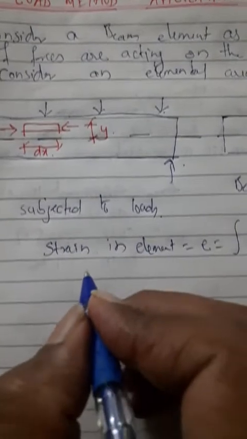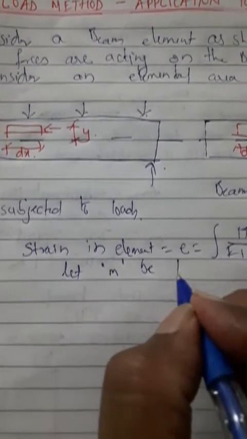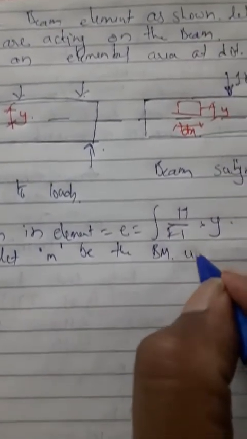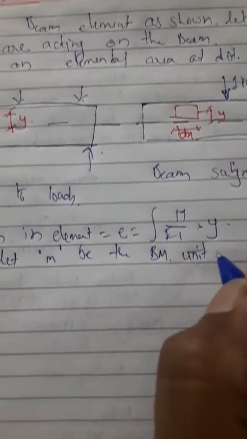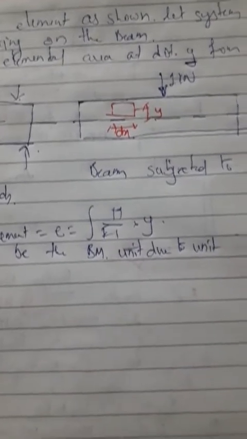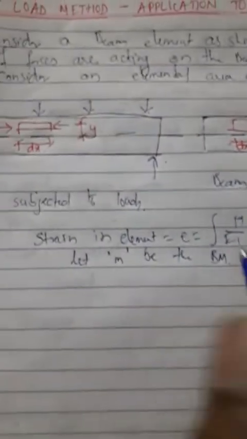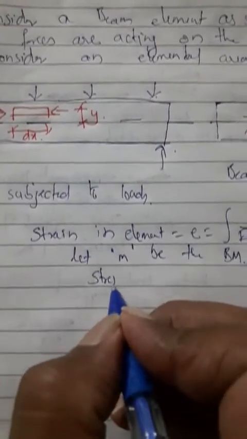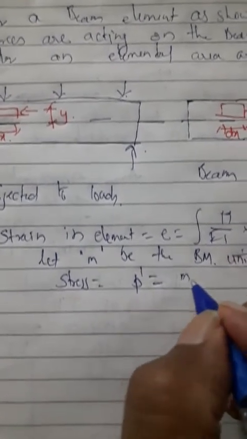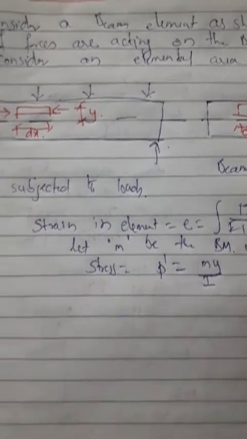Let small m be the bending moment due to unit load, that is 1 kilonewton load. So stress p dash is equal to m by I into y, pure bending equation.